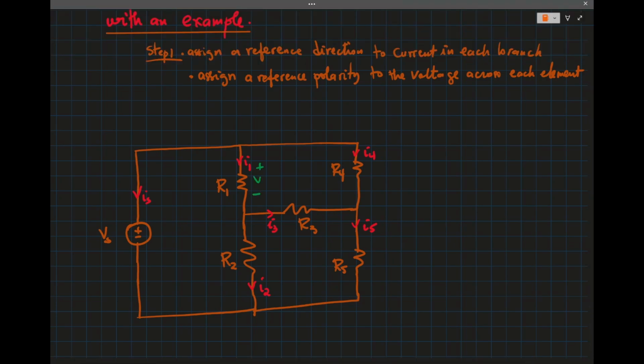Call this V1, call this V2, call this, oh no, this is V4, because R4, so V5, V3, V2. So we have polarity assigned to the voltage across each component.